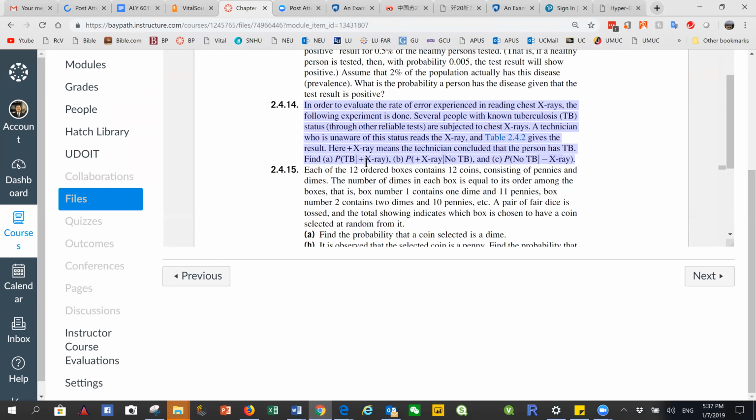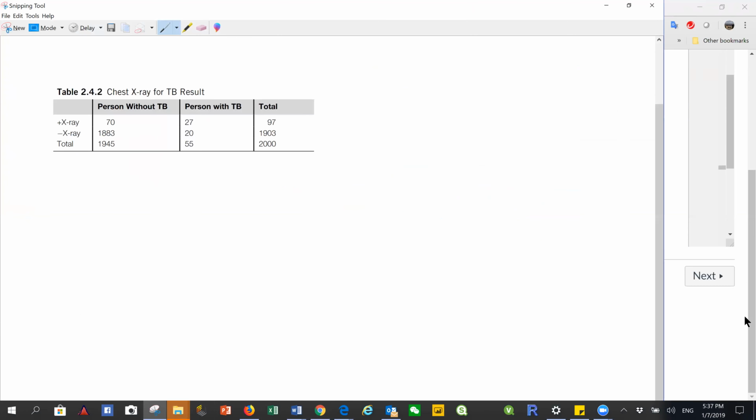Given X-ray, find TB. Given a positive X-ray, find TB.